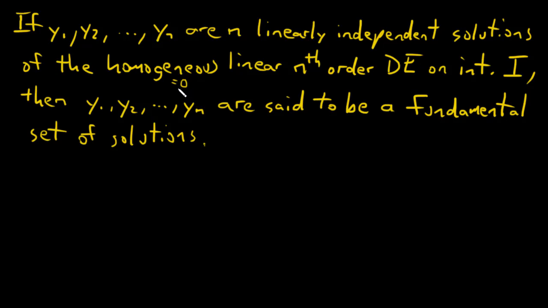Non-homogeneous, it's not. So homogeneous, linear, we know what that means, nth order. So if it's the nth order, it's going to have n solutions, which we're going to call y1, y2, all the way out to y sub n. If they are linearly independent, then they are said to be the fundamental set of solutions. Okay?